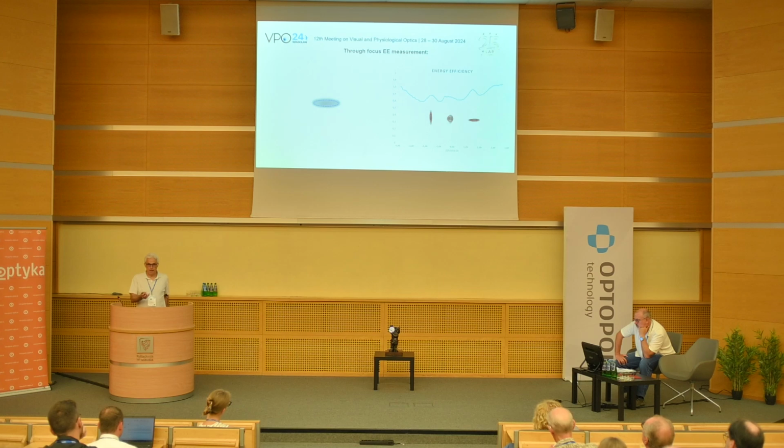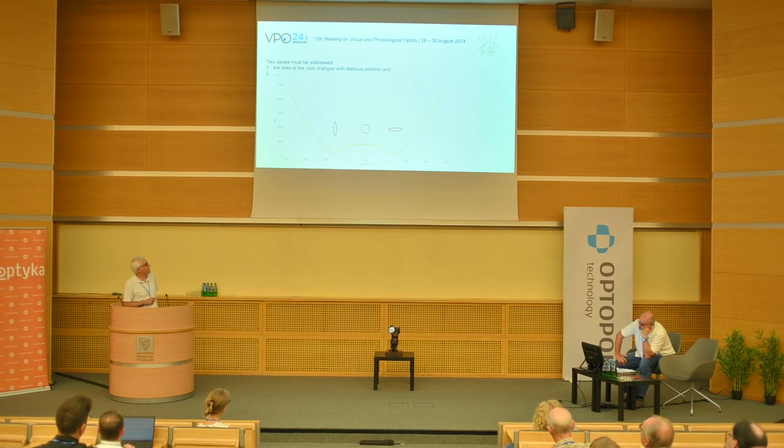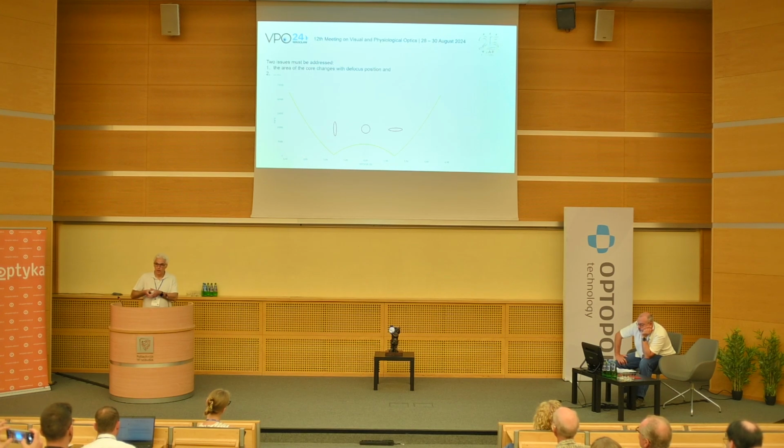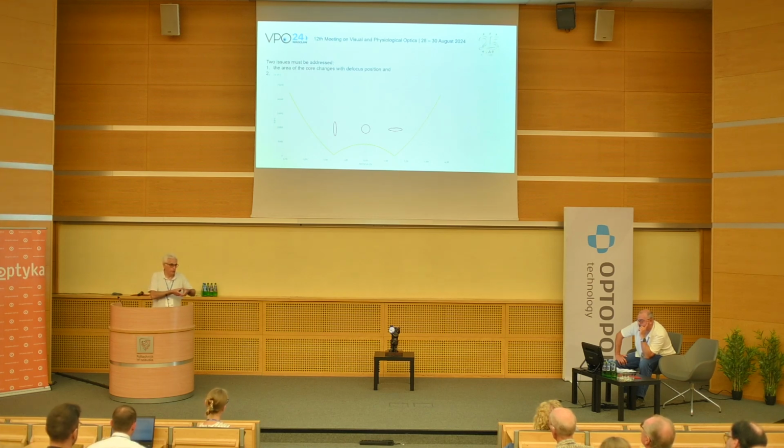Then, what we think is happening here is that there are two issues that must be addressed. One of them is that the area of these ellipses we are adjusting is not constant around the focus. When we scan a circularly symmetric system, we have a spot that is circular and doesn't change much through focus, only with the magnification, so the area is basically the same.